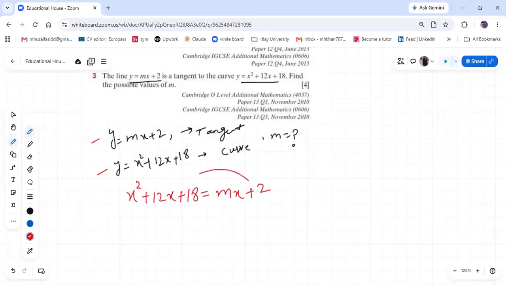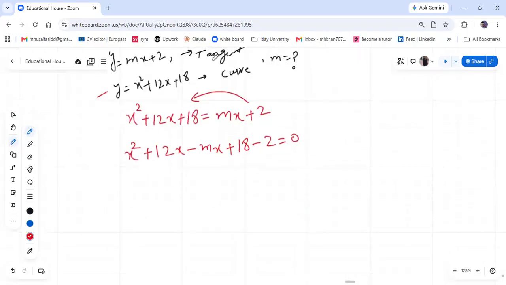And then we rearrange the equation to the other side. This is x square plus 12x minus mx plus 18 minus 2 is equal to 0. Got it? Yes, sir. From this, x square is common, and from this side, x is common.